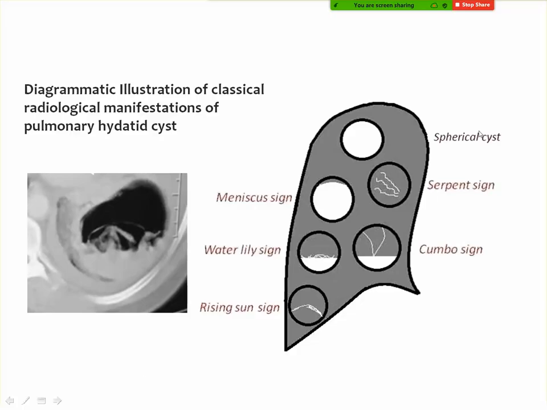There are a lot of signs describing the hydatid cyst everywhere in the body, and these signs are summarized in this figure.